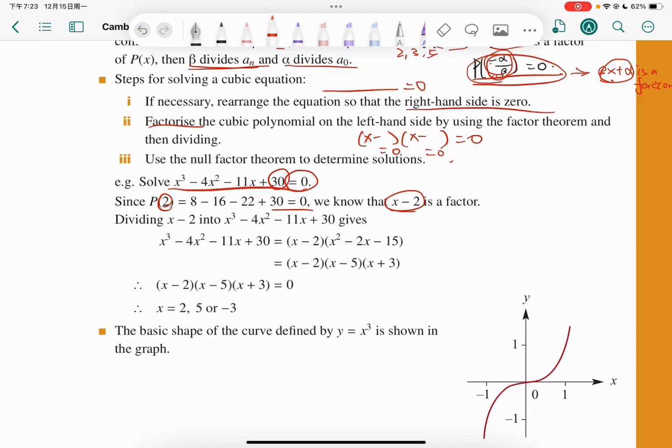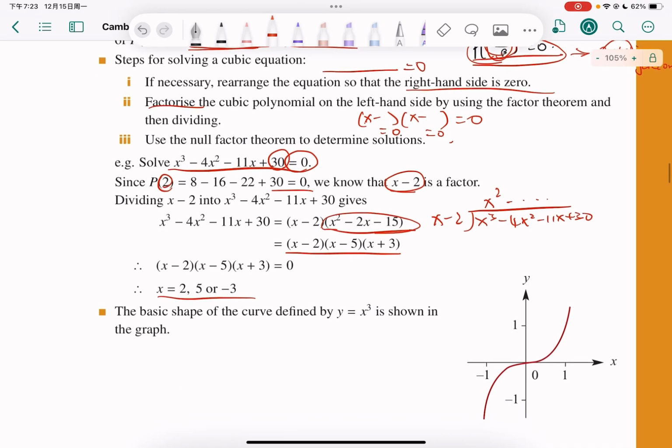Then using long division with this factor, you get x squared and then something, which is this one. And then we can easily factorize a quadratic function. And this gave us the final answer.